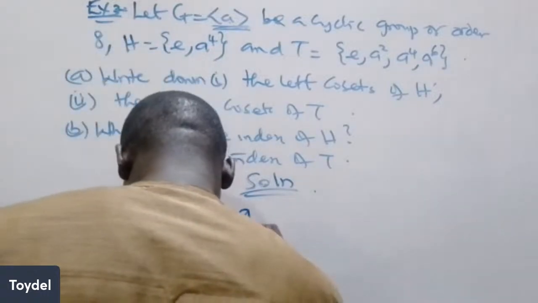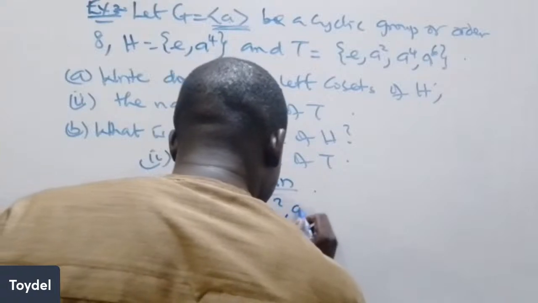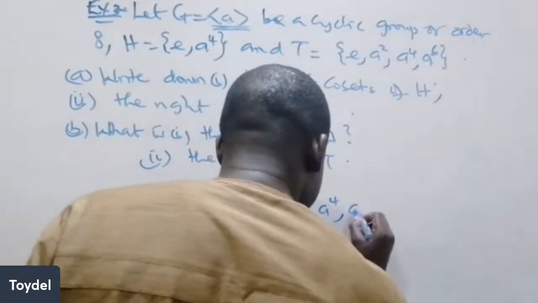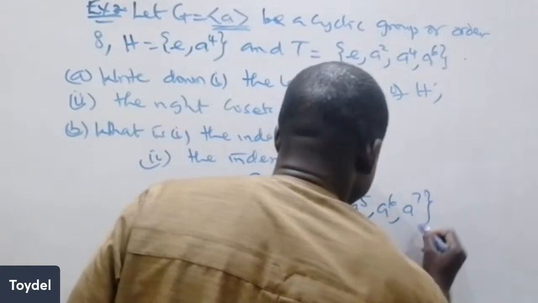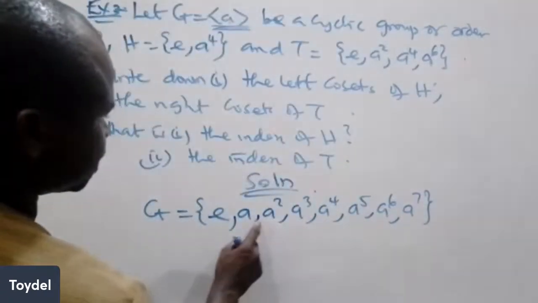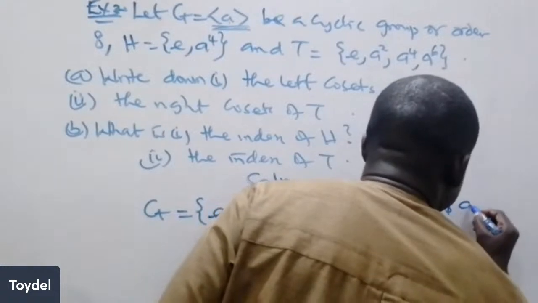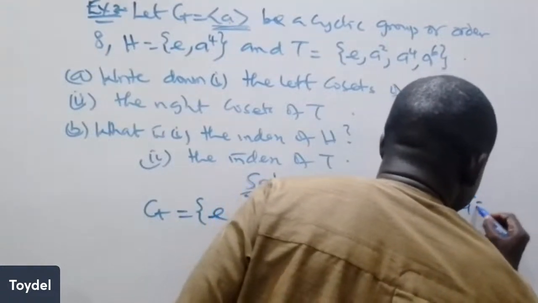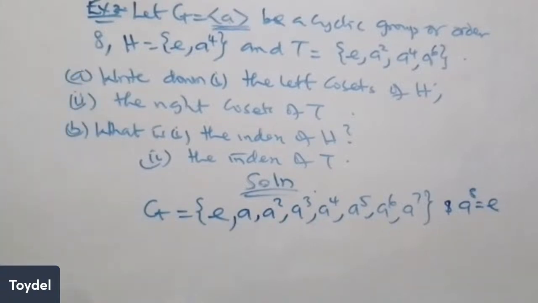Then A, A raised to power 2, A raised to power 3, A raised to power 4, A raised to power 5, A raised to power 6, and A raised to power 7. That will be the last one: 1, 2, 3, 4, 5, 6, 7, 8. So G is of order 8. In this case, we know that A raised to power 8 will give us E, but that's when we are going to get 0.